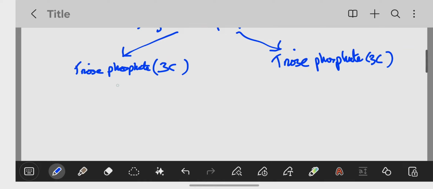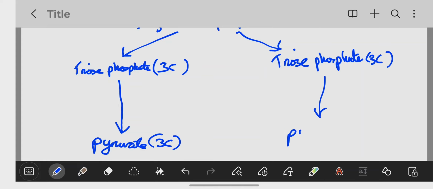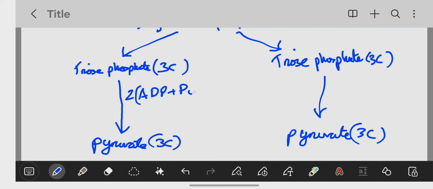Now, this triose phosphate is also unstable, but it requires the conversion of substances to produce a compound called pyruvate, which is also a 3-carbon compound. Pyruvate is a 3-carbon compound, and obviously same here. This requires adenosine diphosphate plus phosphate groups, and this requires 2 of them to produce 2 molecules of ATP, and of course this happens on this side as well.